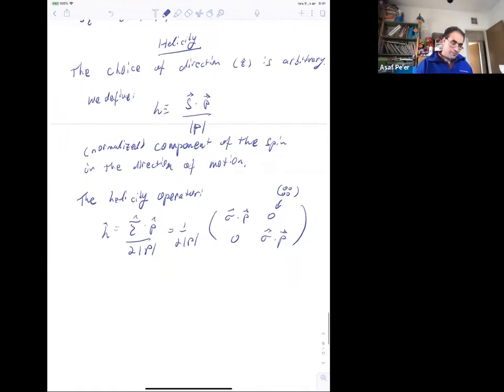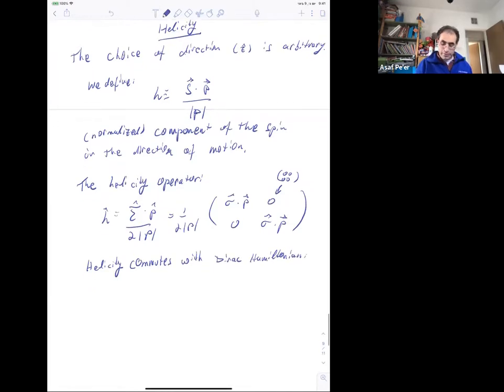So helicity commutes with the Dirac Hamiltonian, well, free particle. We're not talking about bound particles right now.